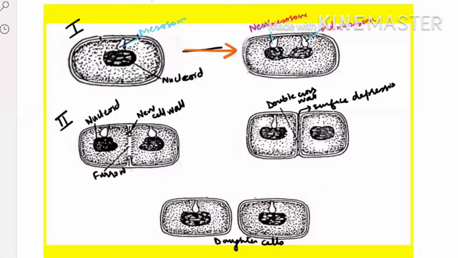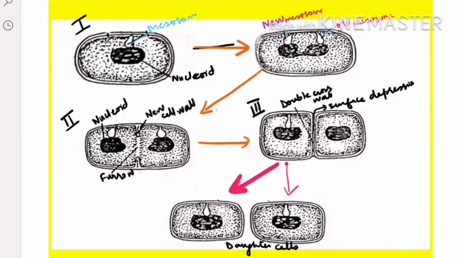After this process, this process will come, and then cross-wall formation is going on, and as a result, two daughter cells are produced. I hope this diagram is helping you learn the sequence. This is a complete summary of the binary fission which we discussed.